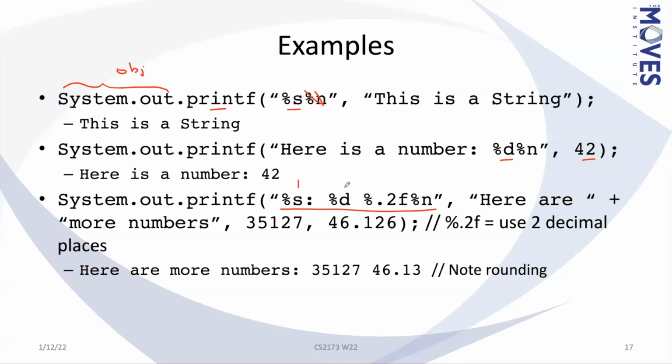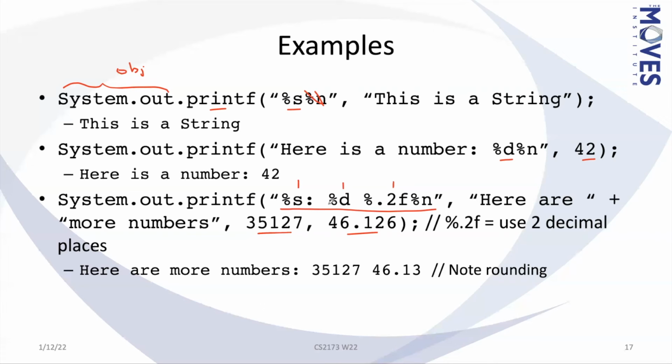I want a string, an integer, and a floating point number. I'll unpack this in just a second. Okay, so here's the string. Notice the concatenation here. Here's the integer, and here's the floating point number. And then here's what it prints.